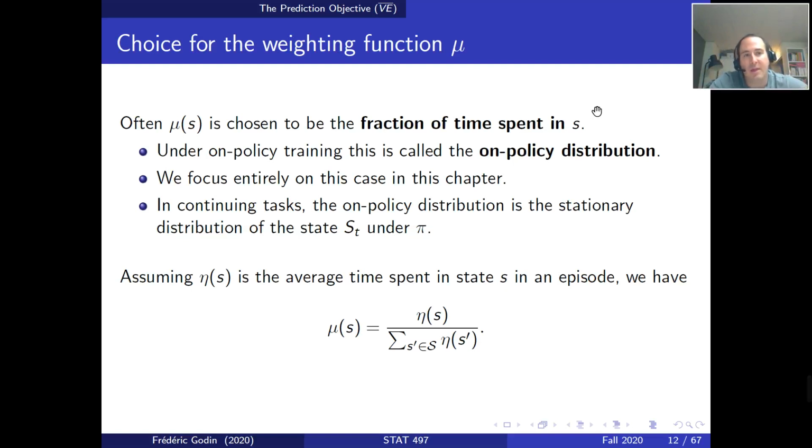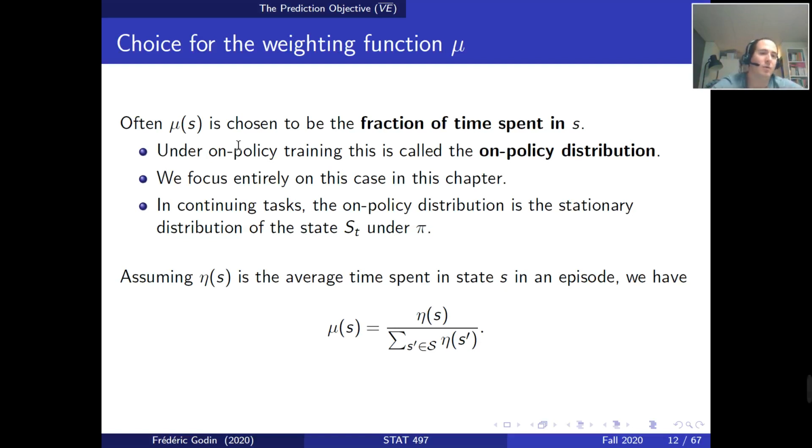When we do on-policy training, this mu(s) is called the on-policy distribution. In this chapter we have pi being fixed, but in subsequent chapters pi will be refined.